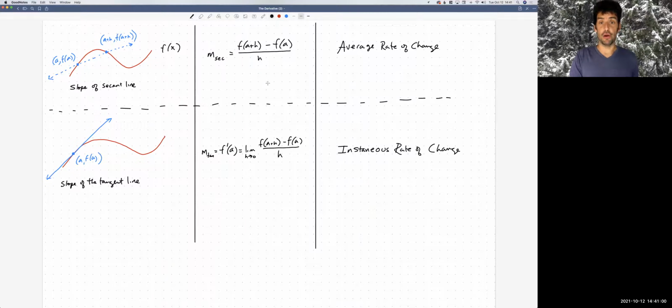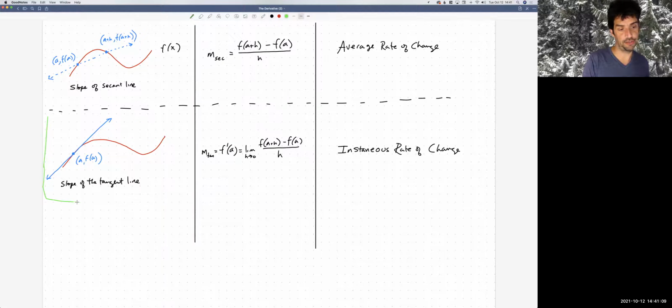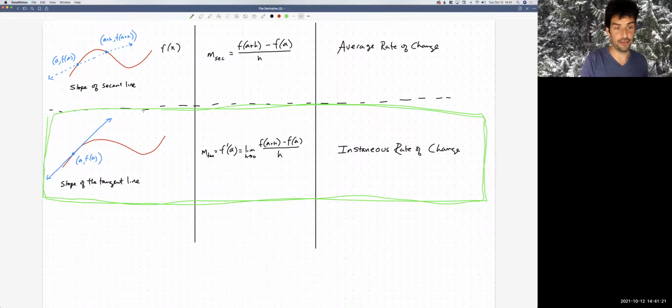This bottom row, these 3 concepts: instantaneous rate of change, slope of the tangent line, or this limit as h goes to 0 of f of a plus h minus f of a over h.